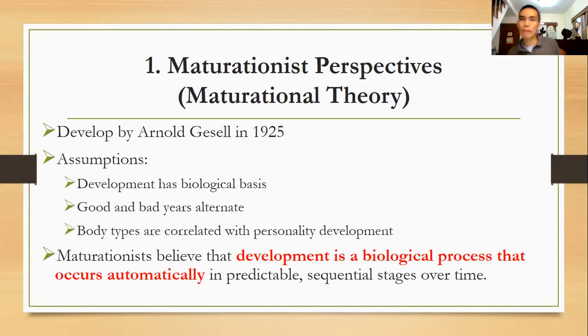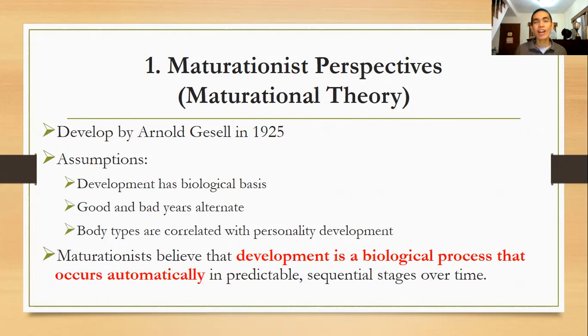So when we talk about automatically, as long as a child or a person is healthy, every day in their life there is development, because development is a biological process that occurs automatically.